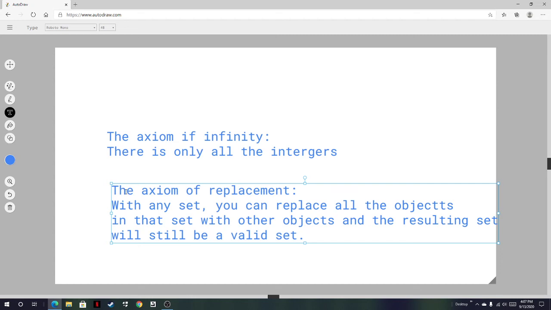Now that sounds really weird. With any set, you can replace all the objects in that set with other objects, and the resulting set will still be a valid set.